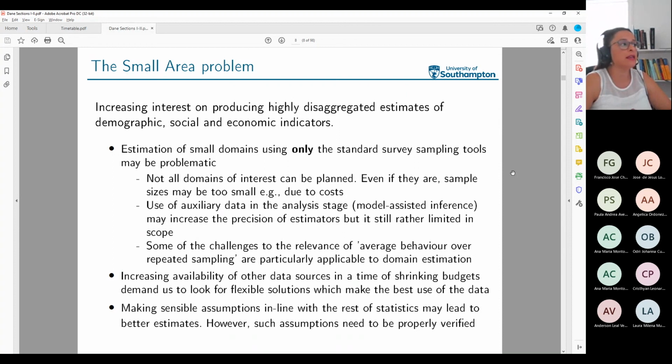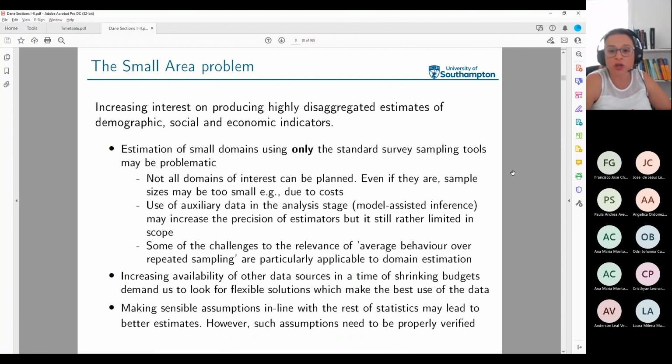I already said that, because not all of the domains can be planned, and even if they are, the sample sizes may be too small to produce accurate estimates at every single one of the domains, for example, due to costs. You can use auxiliary data in the analysis stage, and that can help you increase the precision of estimators, but it's still rather limited in scope.